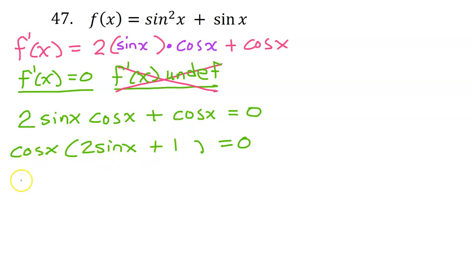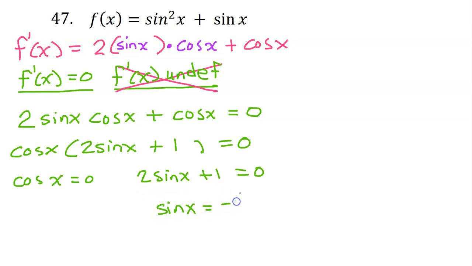Now let's use the zero product property and set each of these factors equal to 0. Subtracting 1 and dividing by 2, we have sine x is equal to -1/2.